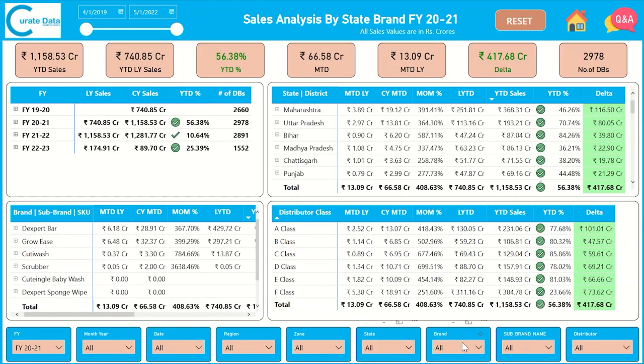And then again you can filter out any particular brand you want to see or sub brand or any particular distributor, right? So you can analyze everything from one place and you will understand how your business is growing or degrowing. If it is degrowing, what are the actual parameters and what actions we can take.